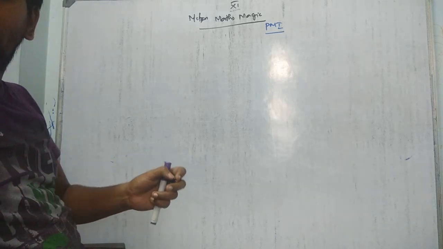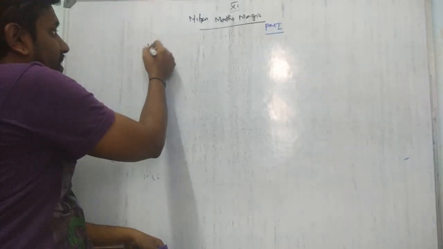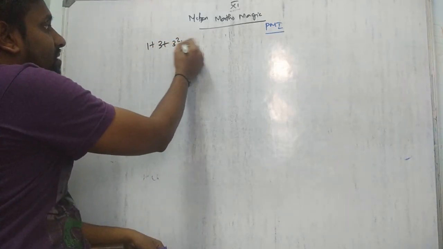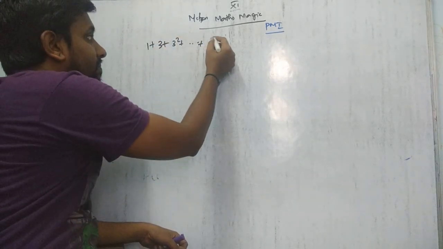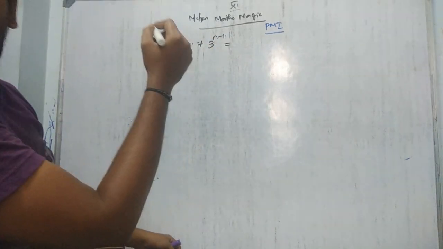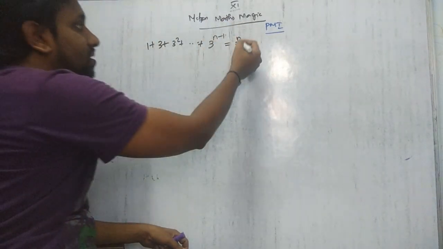exercise sum itself I'll go. So what is the first exercise sum I'll take: 1 plus 3 plus 3 square plus etc. up to 3 power n minus 1 is equal to 3 power n minus 1 upon 2.